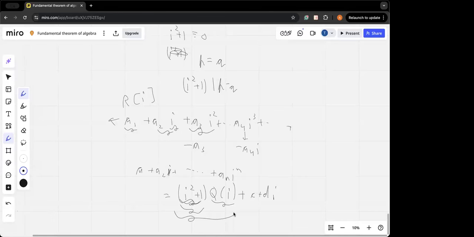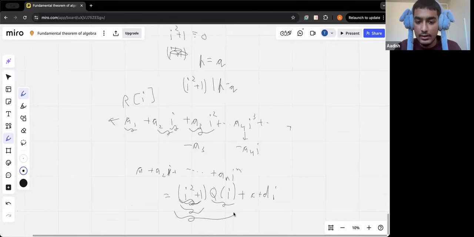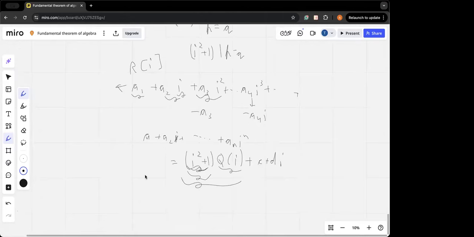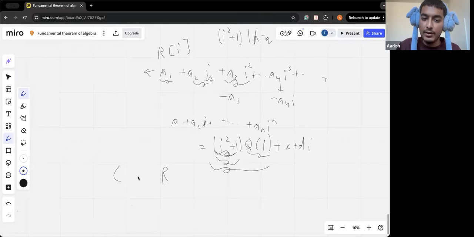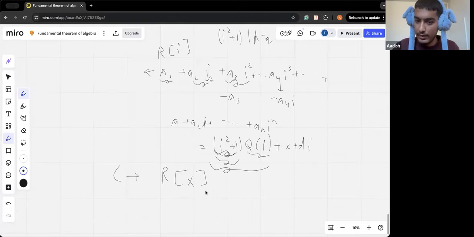Okay, i square plus 1 is 0. Yes, exactly. But how are you dividing by 0? Yeah, okay, so what I should actually be saying is, the way I'm going to define the complex numbers is to start with R[x], just the ring of polynomials, the set of all polynomials.